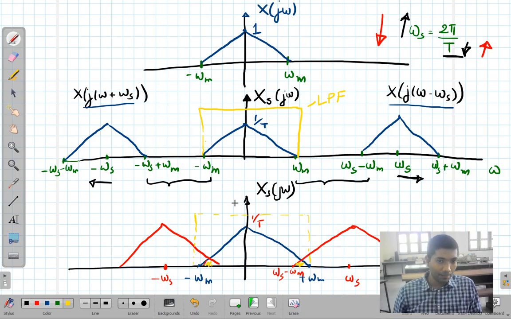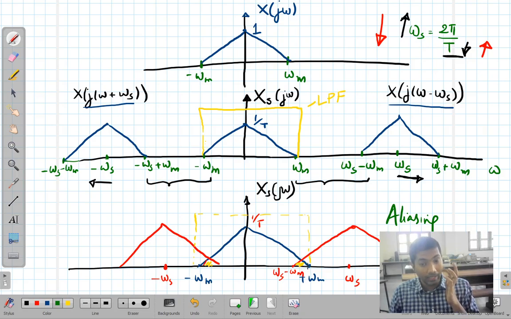Okay, and this problem is called the problem of aliasing. So this problem of overlapping of frequency components because of not satisfying the sampling theorem condition is called the problem of aliasing.